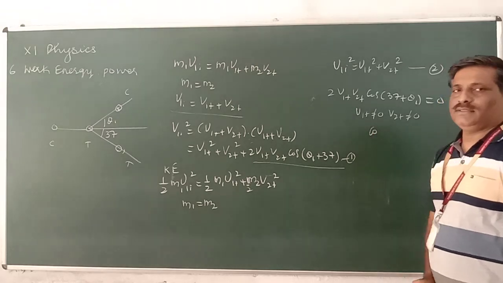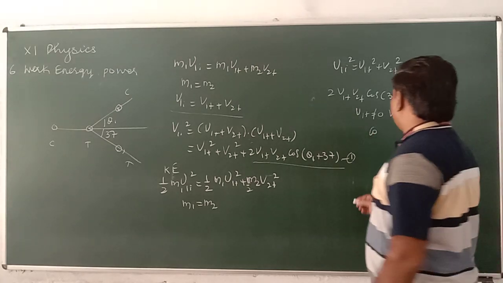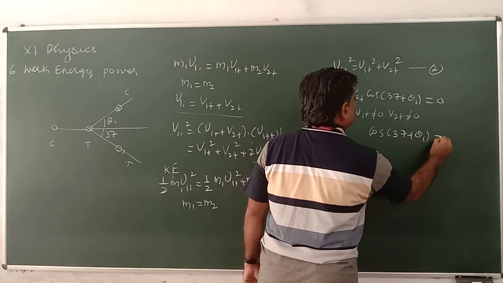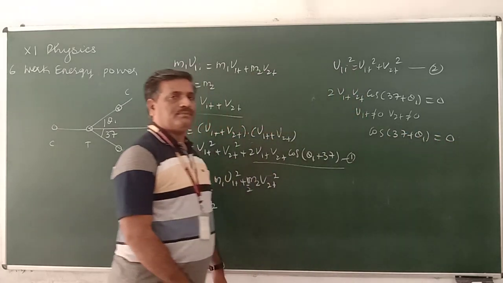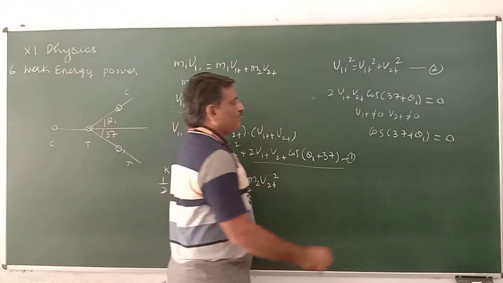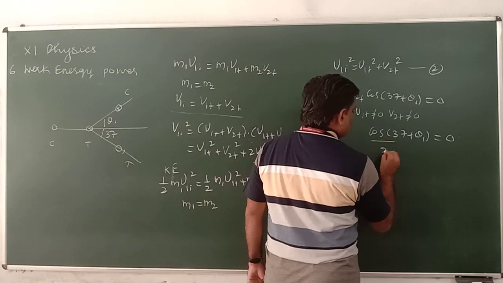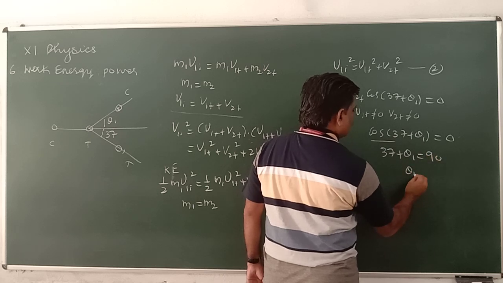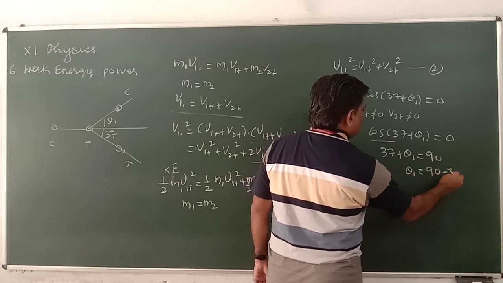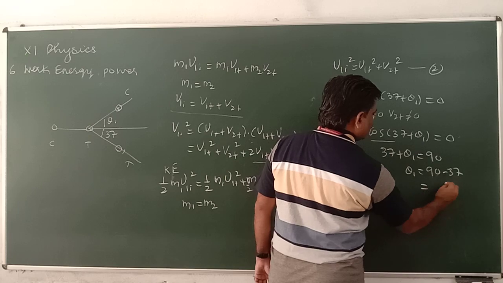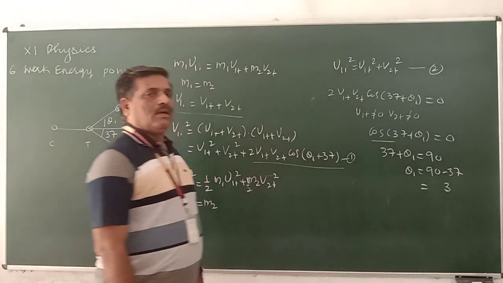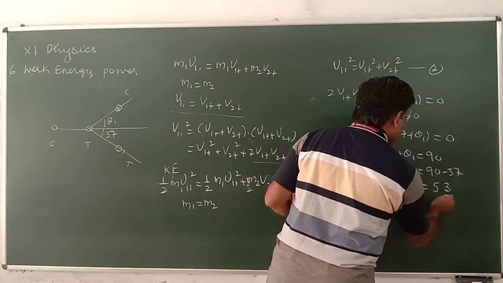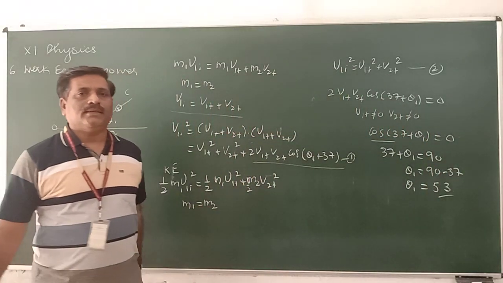It means that cos of 37 plus theta 1 is equal to 0. So 37 plus theta 1 is equal to 90, or theta 1 is equal to 90 minus 37, which comes as 53.